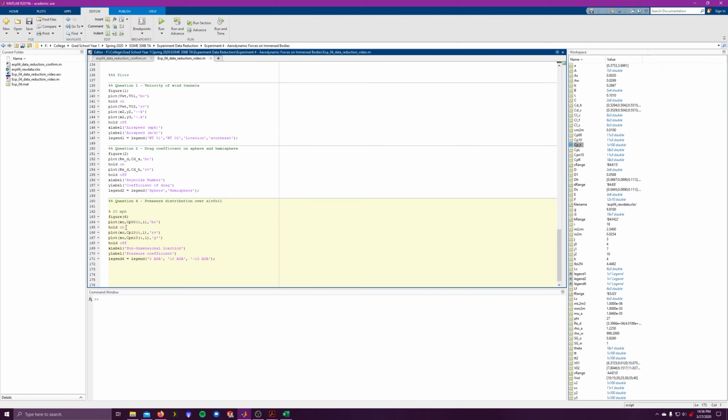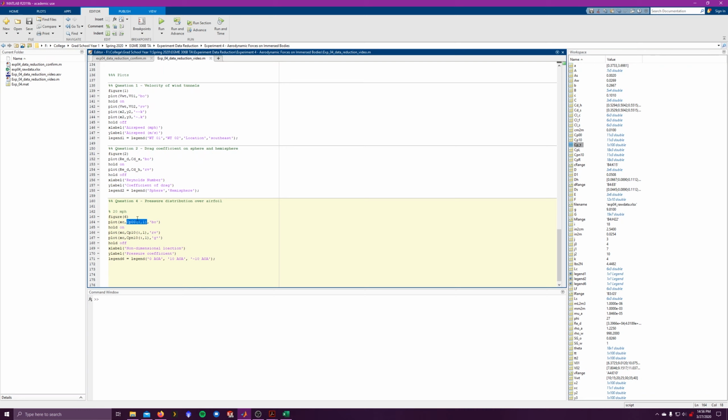Okay, so I'm doing plot. I'm plotting the dimensionless location against the pressure distribution for each angle of attack, and this is for 20 miles per hour. So this part right here, that's our pressure distribution or pressure coefficient at 0 degrees for the angle of attack.